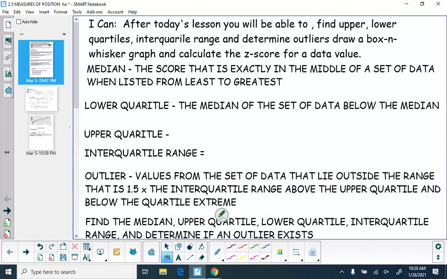That's your lower quartile. Sometimes this is called the first quartile. They put a Q1 there. Lower quartile, first quartile, potato, potato.